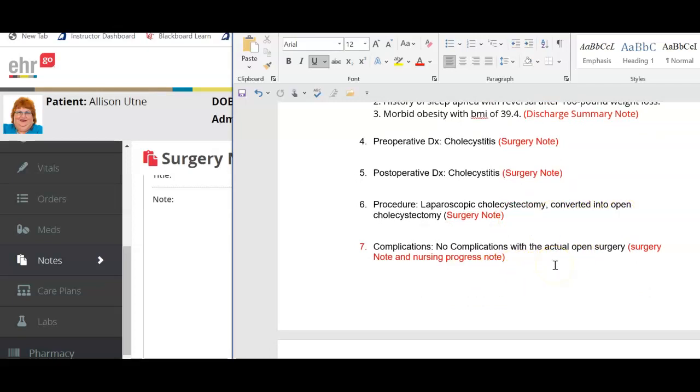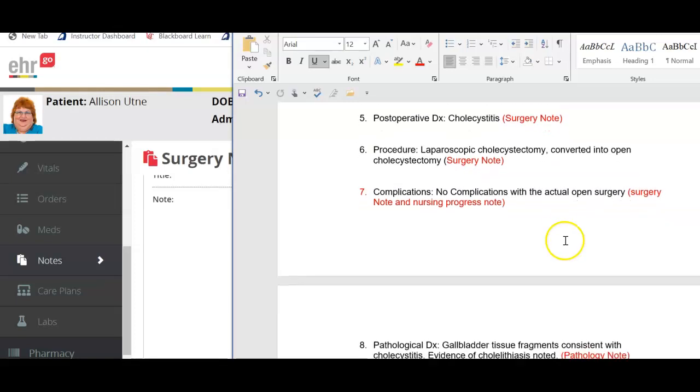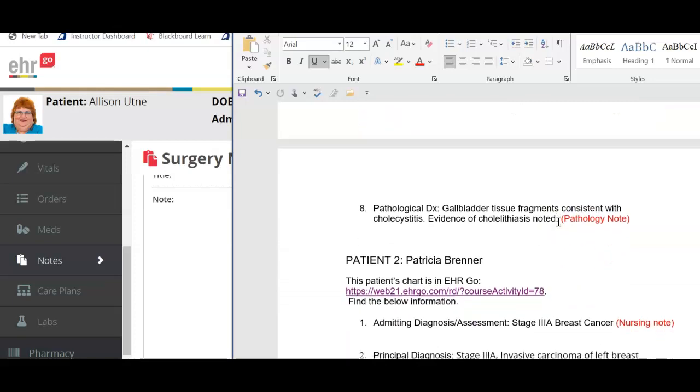Complications: some of you did state they went from endoscopic to open. For complications, they really have to say it was a complication of the surgery, such as hemorrhaging, something on that order. I'm okay with some of you saying that they had to convert. That's fine. Next year, this year in the spring, we'll get a little more factual on complications.